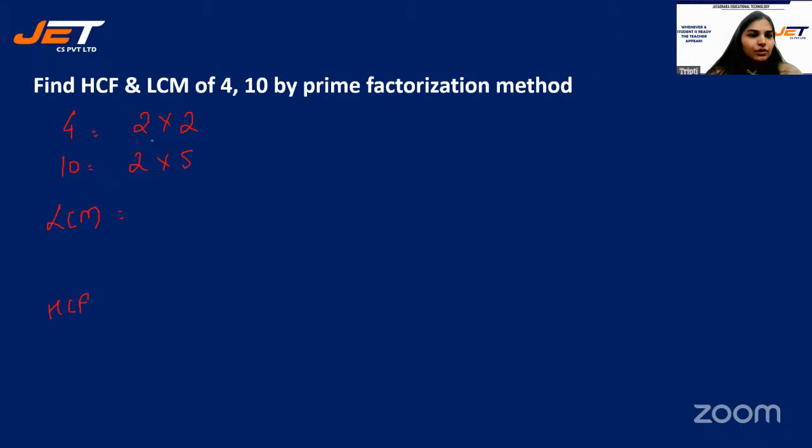So here, 2 maximum twice, and 5 is once. But in HCF, I can make only one pair of 2. So HCF is 2, and LCM is 2 times 2 times 5, which is 20. 20 is the LCM, HCF is 2.